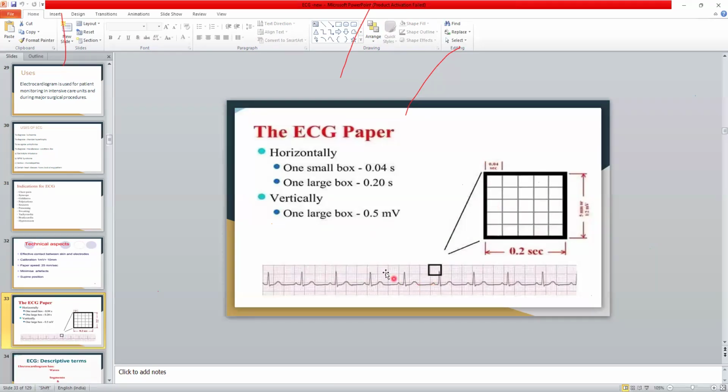You got it, no? So each small square is 0.04 second and each large box is 0.2 seconds, whereas vertically, one large box represents 0.5 millivolts.